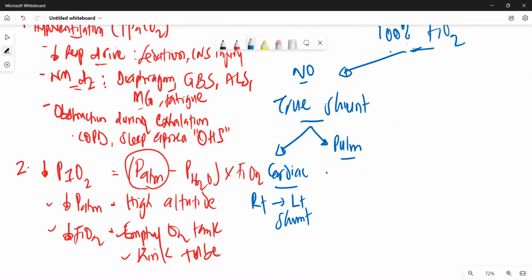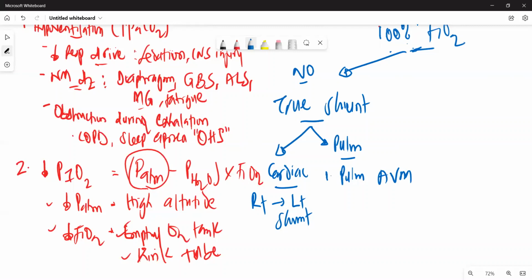Number one could be a problem with the vessel, like what we call pulmonary AV malformation. AV stands for arteriovenous. This is a connection between the artery and the vein, or the arterioles and the venules, bypassing the capillary, because the gaseous exchange occurs at the level of the capillary.